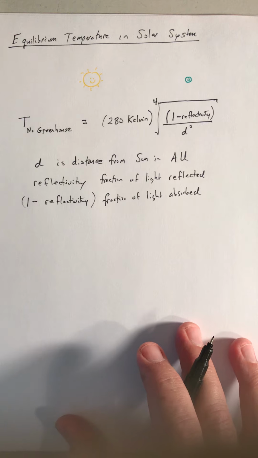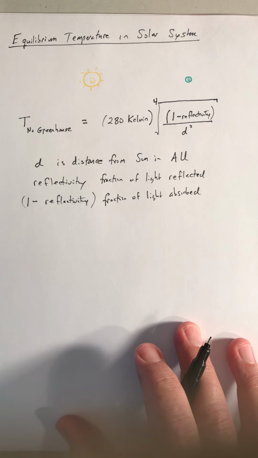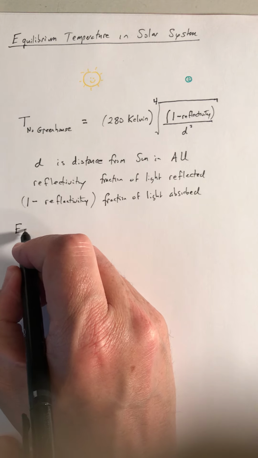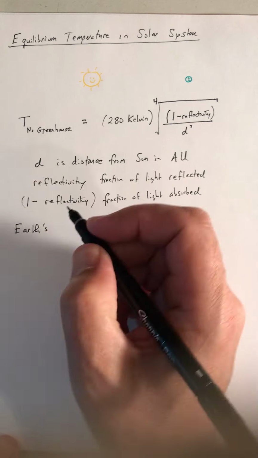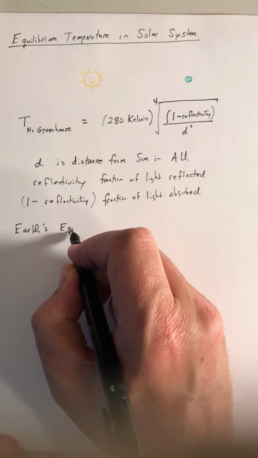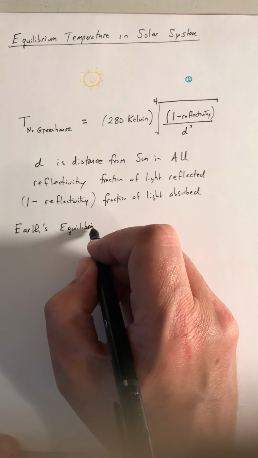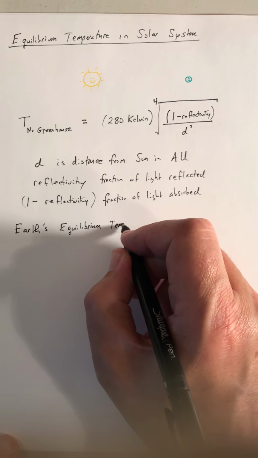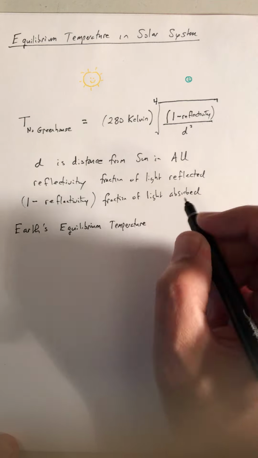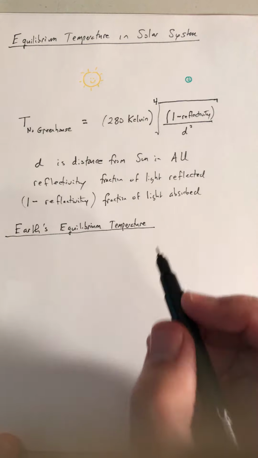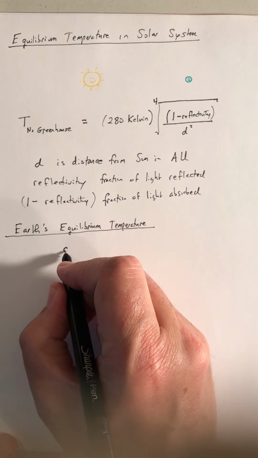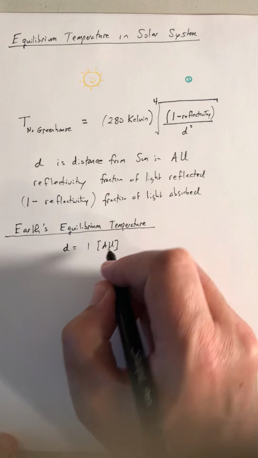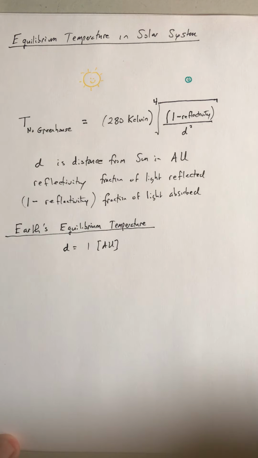All right, so let's try a couple of examples using this. Home sweet home. What will be our radiative equilibrium temperature on Earth? Hopefully I don't have to say this, but we are 1 astronomical unit away from the sun, so D is just 1.